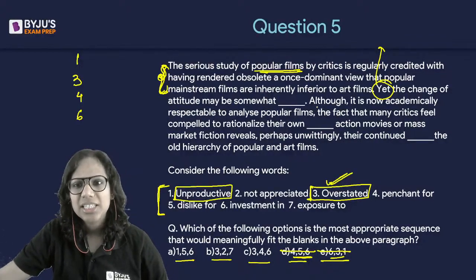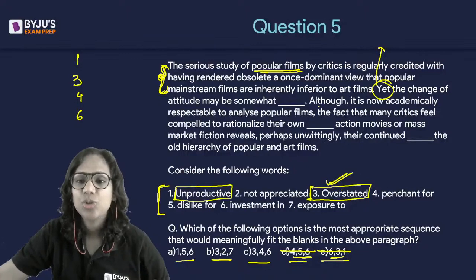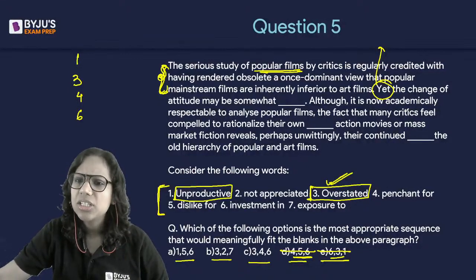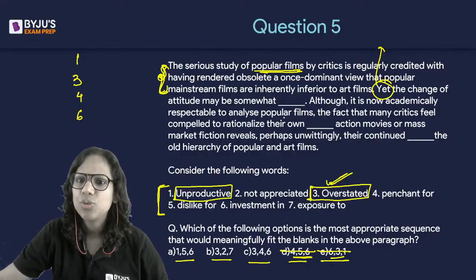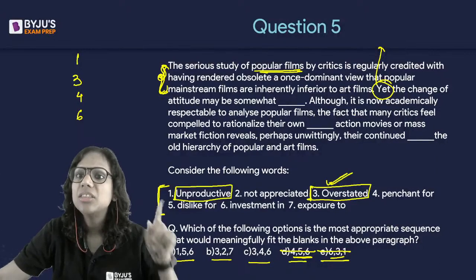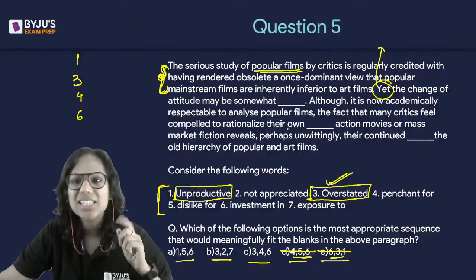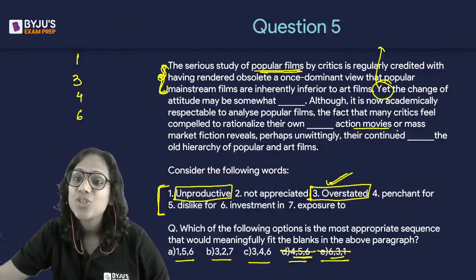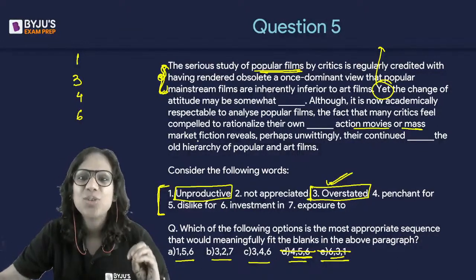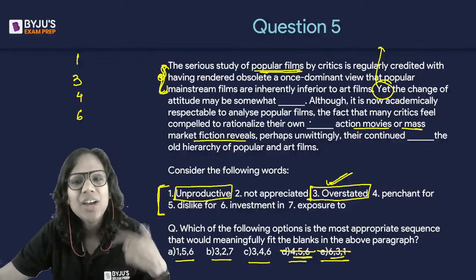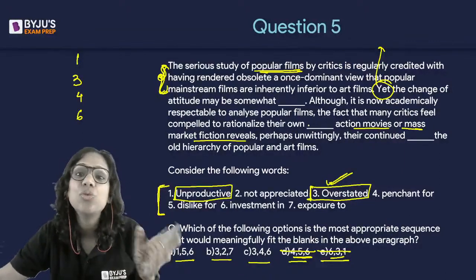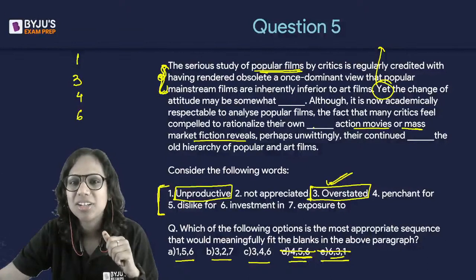Why? See this. How did I realize that it has to be overstated? Although it is now academically respectable to analyze popular films, the fact that many critics feel compelled to rationalize their own penchant for action movies or mass market fiction, they have to continuously rationalize that, oh, we like action movies, we like mass market fiction.